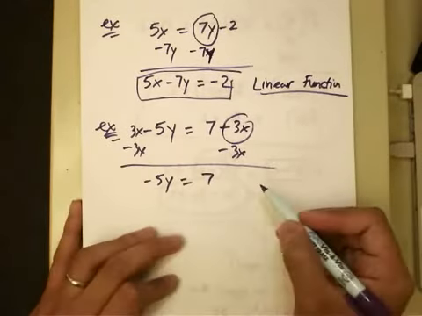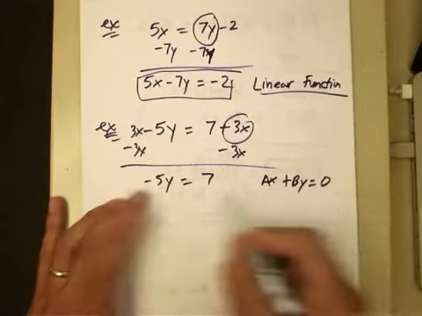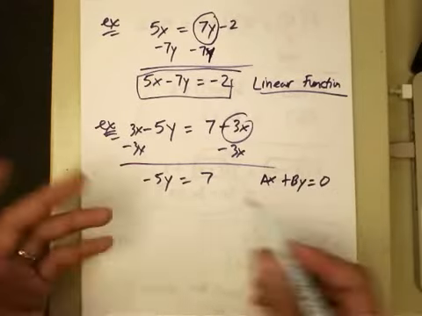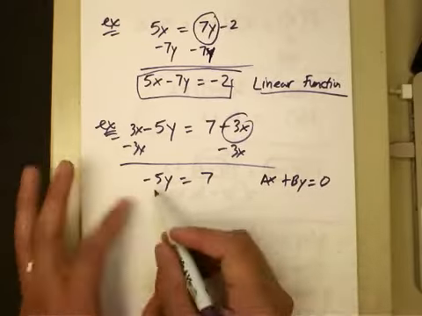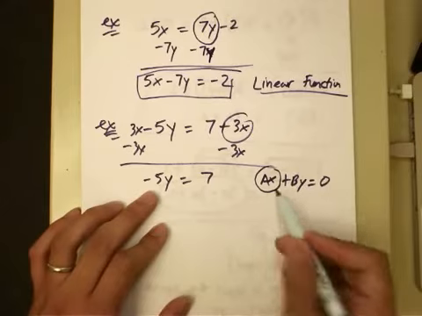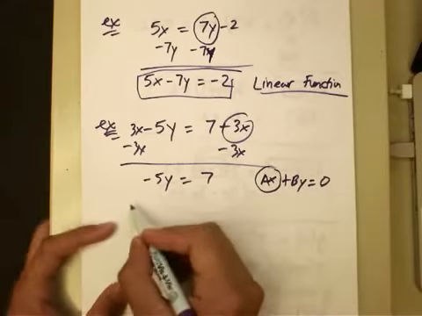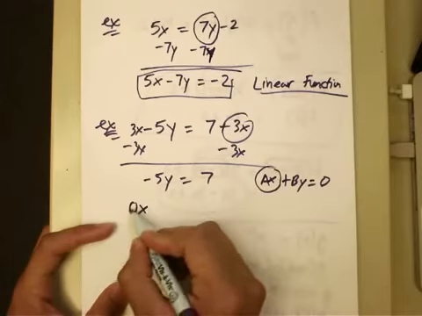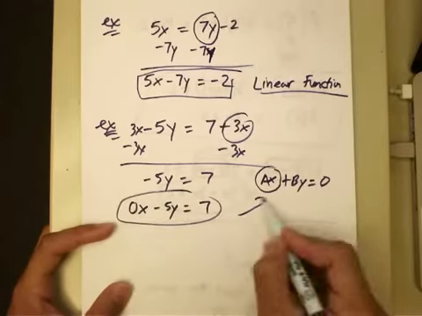Now you're probably going to ask yourself, wait, it doesn't look anything like this. Then how's that a linear function? Even though it doesn't look anything like this, don't forget, A can be 0, right? They can't both be 0, but A can be 0. So technically, you can write it like this: 0x minus 5y equals 7. So now it does look like that.